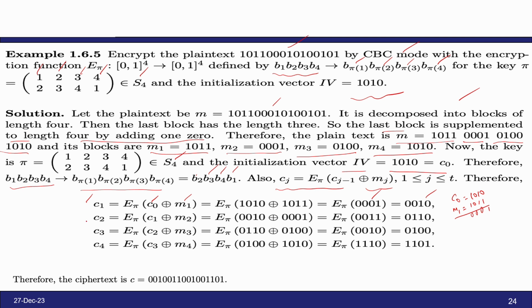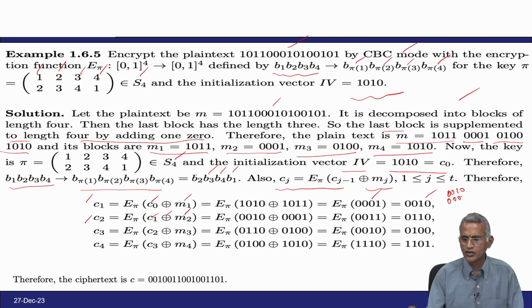Now this way we have to do with C2. What is C2? C2 is E_pi of C1 XOR M2. So the same way you start. What is C1? C1 is nothing but 0010, which we just found out, and M2 is nothing but 0010.